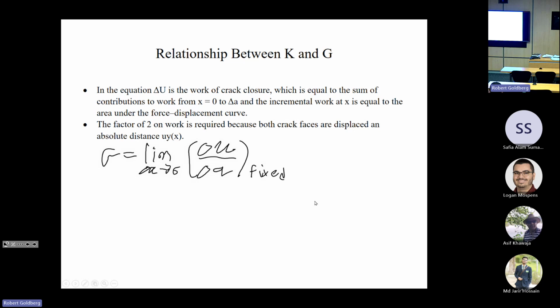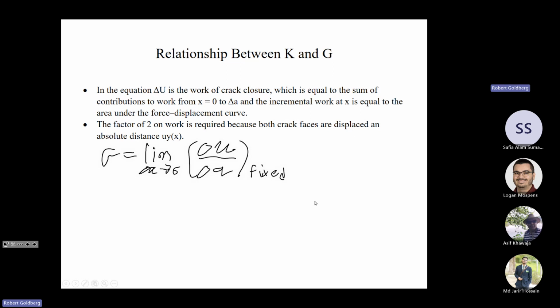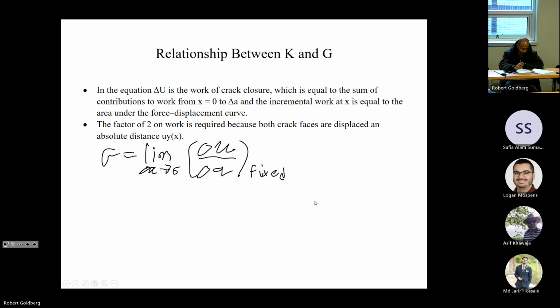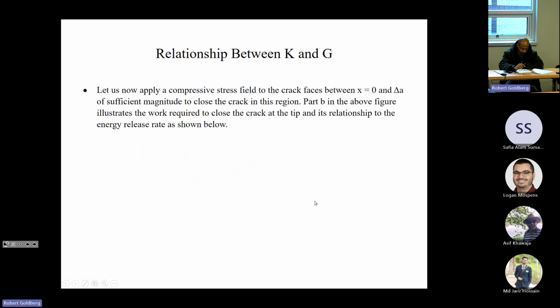And that's getting back to the idea that when we talk strain energy release rate, it's not per unit time like you normally think of in terms of rate. It's in terms of unit distance. So this delta U here is the work of crack closure.